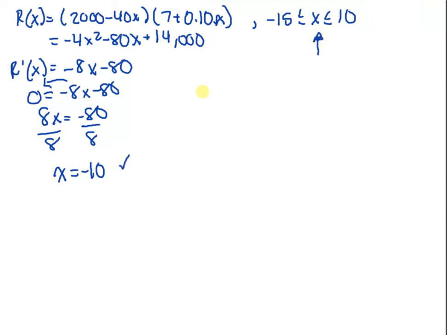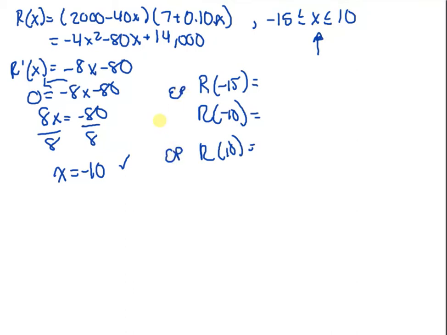Now we have to check the revenue at negative 15, at negative 10, and at 10. So both endpoints, and the critical point, which is going to be either a max or a min, or not necessarily, like a turn.